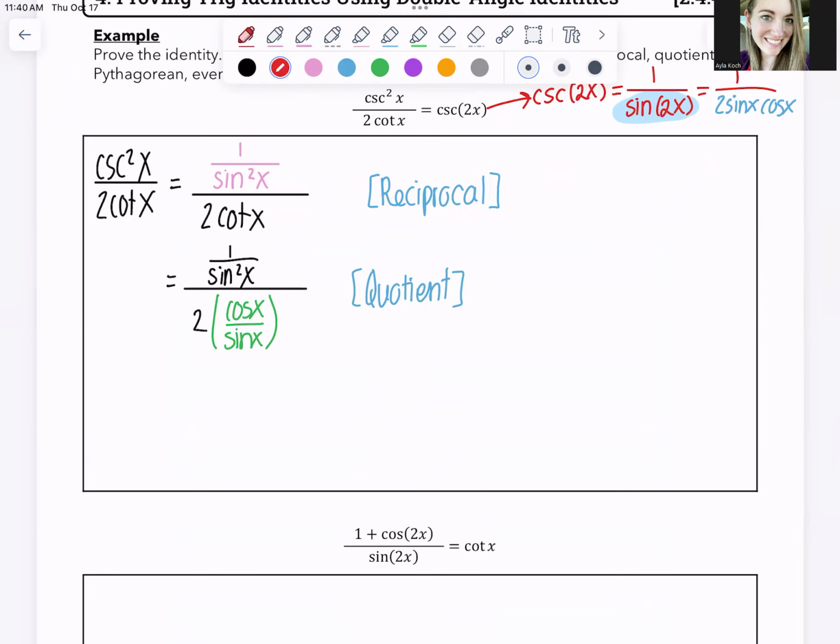Now, to get rid of the sine x's, I could just multiply by sine x, and then I would need to do it again on top and bottom, because if I multiply just once by sine x, that is going to cancel down here, but I have 2 copies up here. So maybe the way I'll write this is like this, times sine x, so you can see the 2 copies.